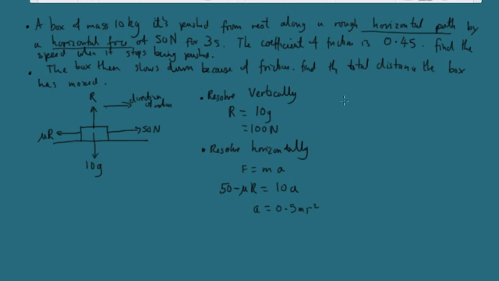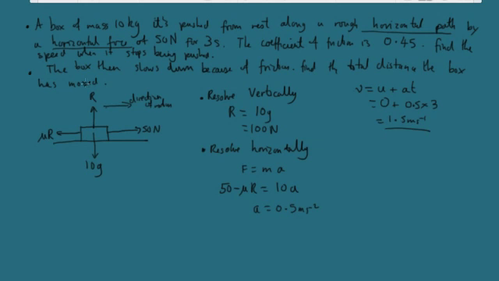So now we can use our equations of motion to work out the speed at the end of the 3 seconds. So we'll use v equals u plus at. Now v is what we want, the initial speed was 0, plus the acceleration is 0.5, and the time is 3. So this speed would be 1.5 meters per second.